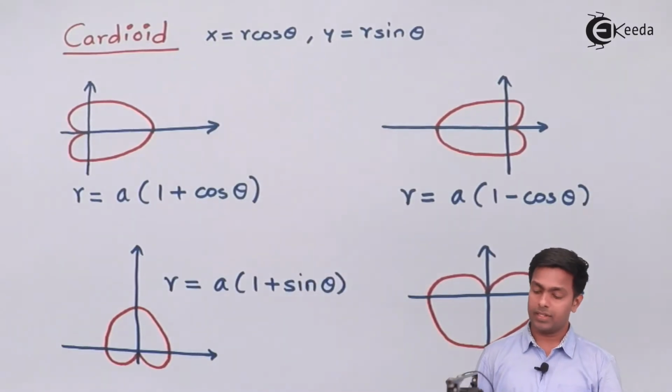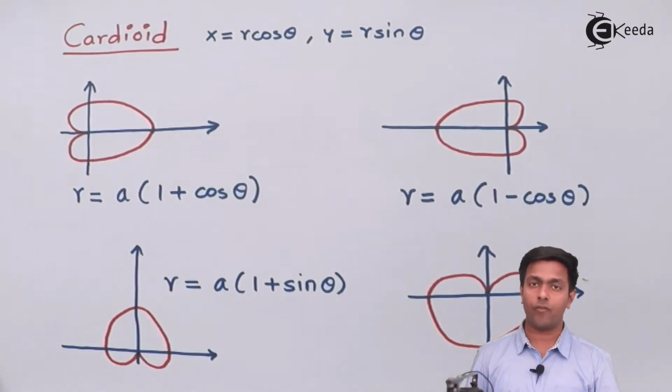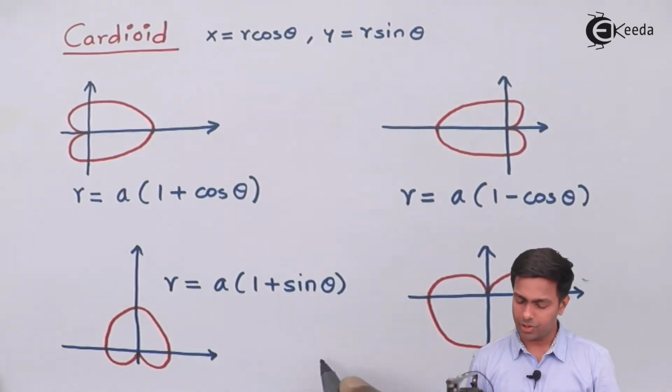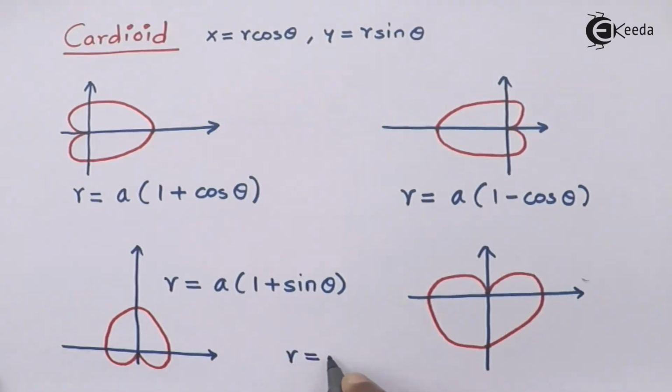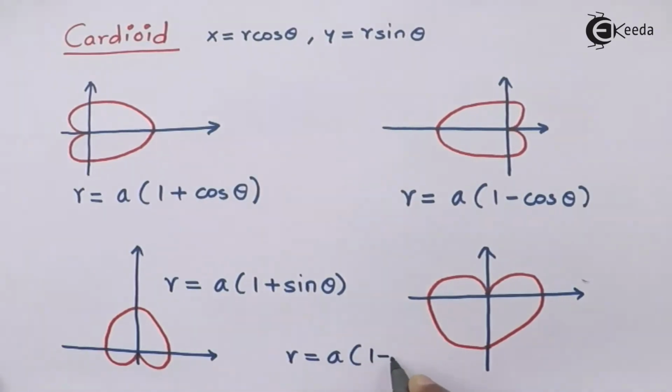And this one is on the negative side of the y-axis, so the equation is r equals a into 1 minus sin theta. So it's very simple: I've told you how to remember these 4 types of curves when the equation comes.